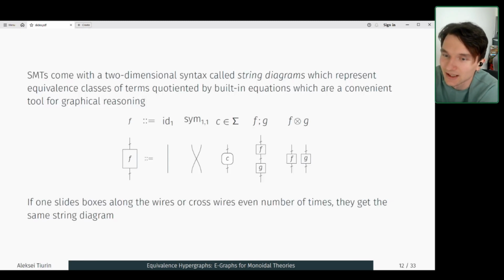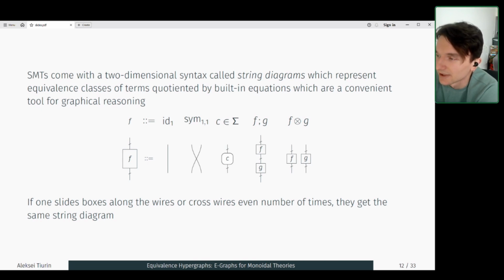And here is how, this is where string diagrams come to the rescue. String diagrams are a two-dimensional syntax for symmetric monoidal theories, which represent equivalence classes of terms modulo those built-in equations. And string diagrams appear to be a convenient tool for graphical reasoning. They're built inductively using wires and boxes.